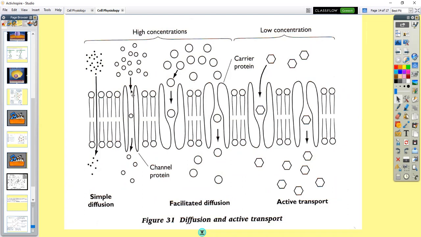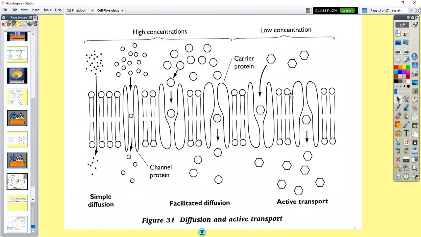With facilitated diffusion, there are either channel proteins, for larger polar molecules that can't just pass through the membrane, going from high concentration to low concentration, or a carrier protein, which you can see changes shape there, high concentration again to low concentration. So that's facilitated diffusion. The protein allows those molecules to move.